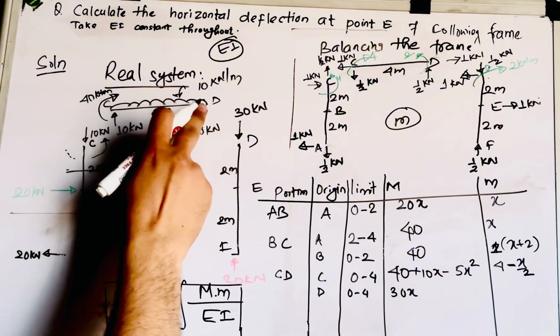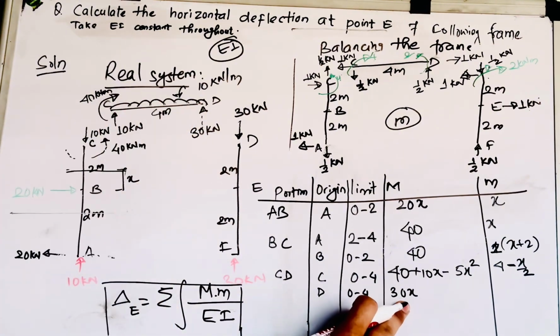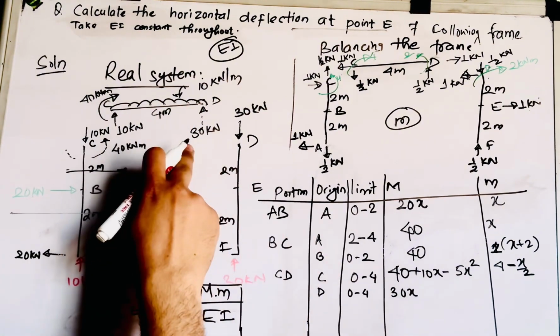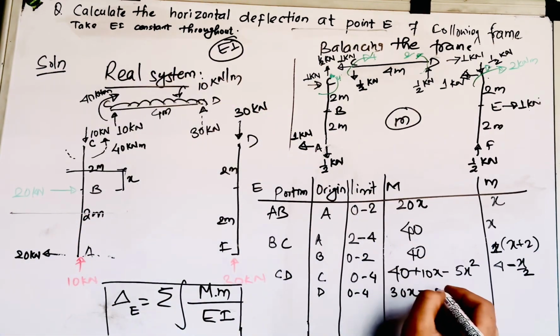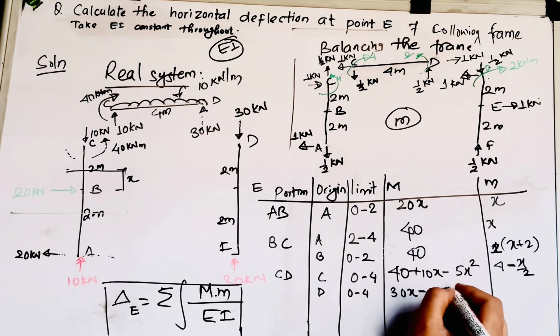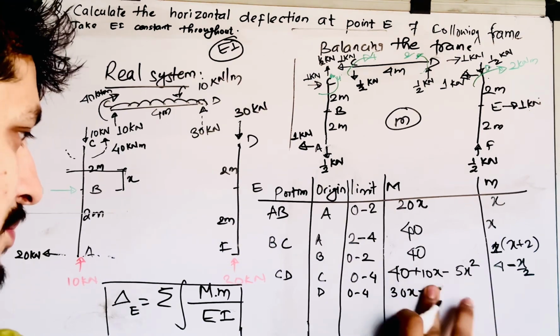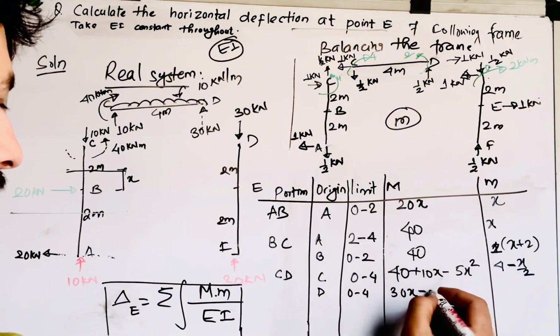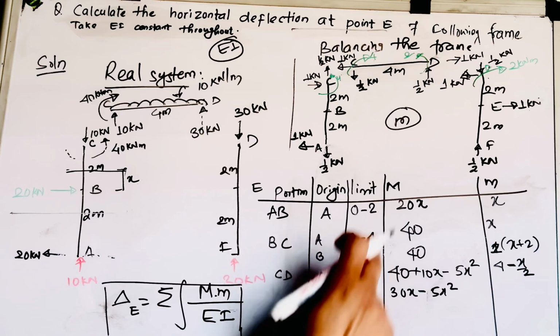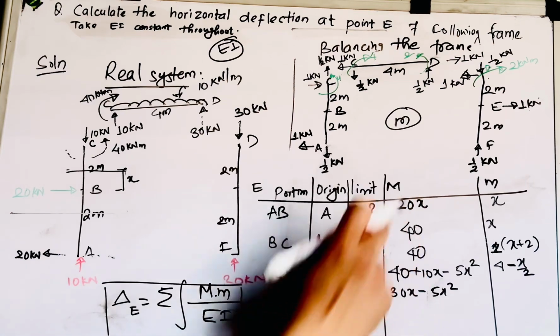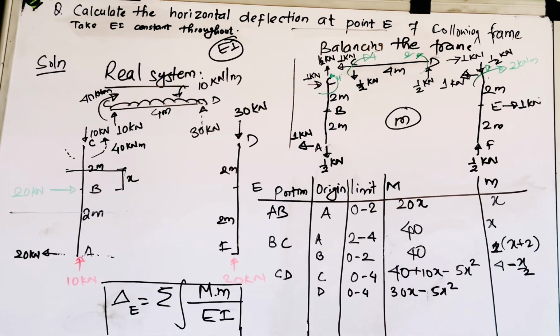From right to left, anti-clockwise is positive, so I write 30x. And 10 is giving clockwise, so that will be negative of 10 into x by 2 into x, which is directly 5x square. So if you take D as origin, the limit will change like this, and the value of the real system will change like this.